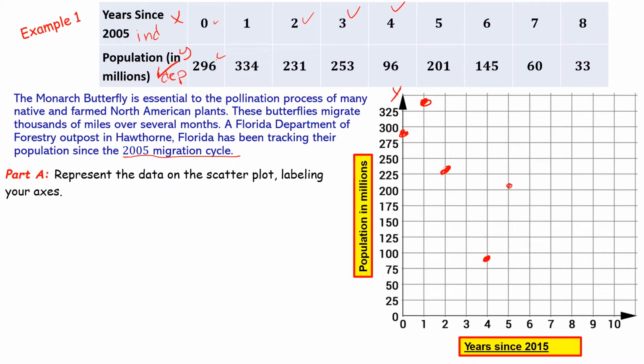About here. Next, 6, 145. Let's see, about here. 760. And then about here. And 833. A little above the 25. Alright, so I've made my scatter plot here.